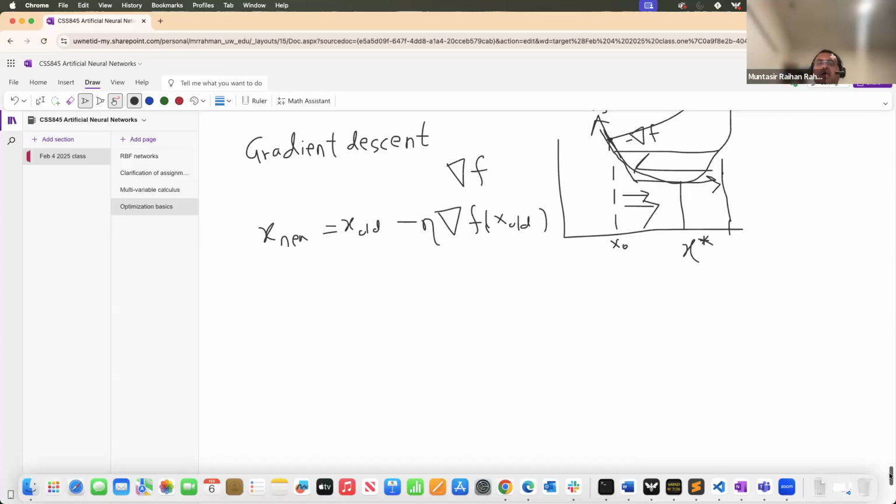Okay, so this is basically our gradient descent algorithm.